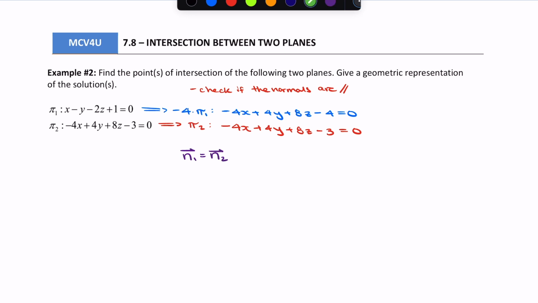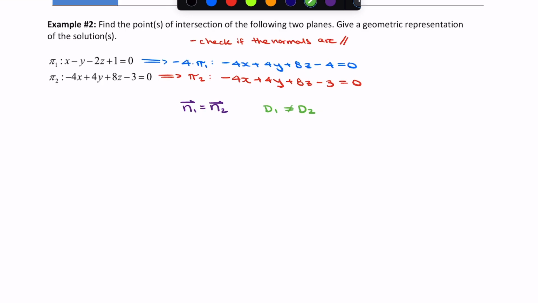However, our d values are not the same, so d1 does not equal d2. Here we see that the planes will be parallel to each other. So therefore, again, the planes are parallel and distinct, and there'd be no points of intersection.